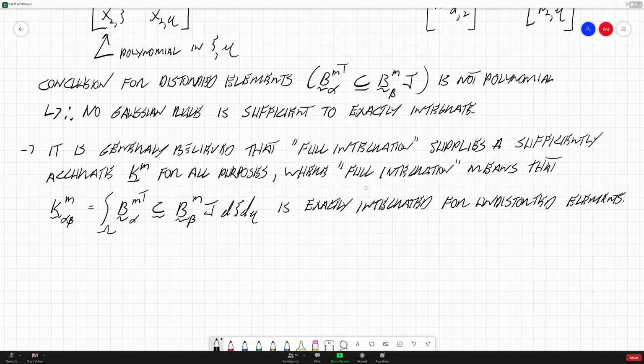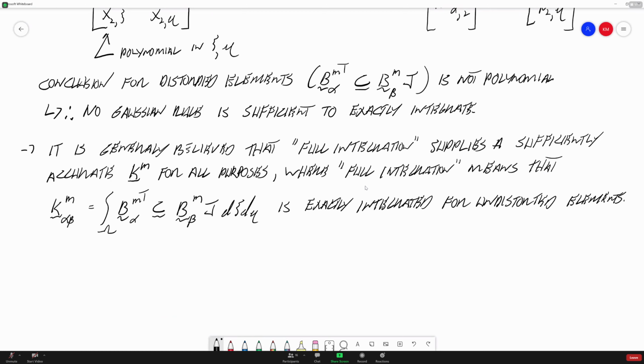Elements for which our Jacobian is constant. So this is just a fancy way of saying, yes, we don't have a polynomial.